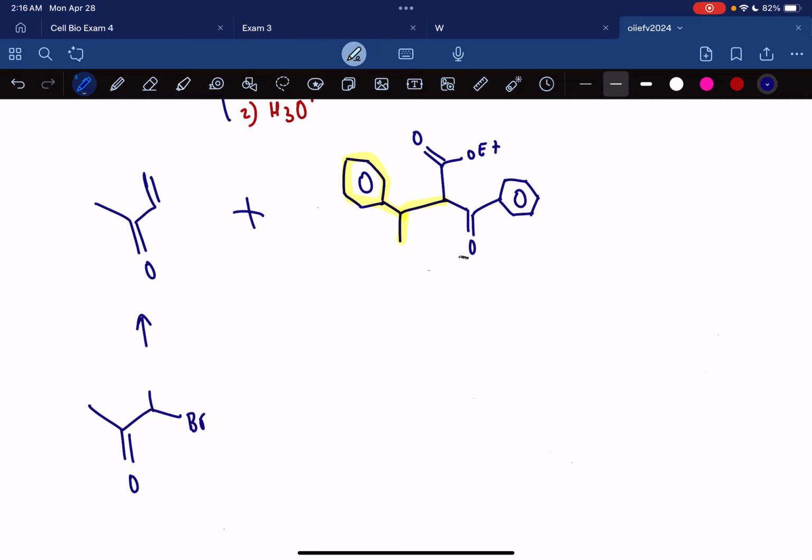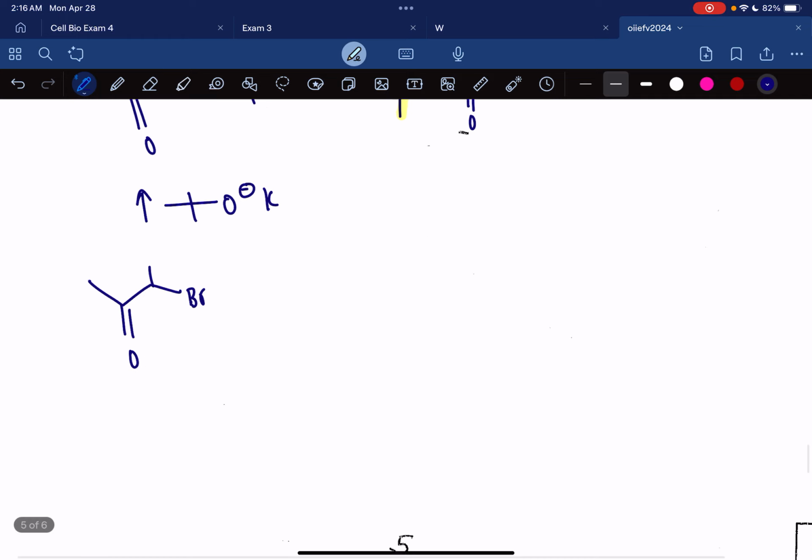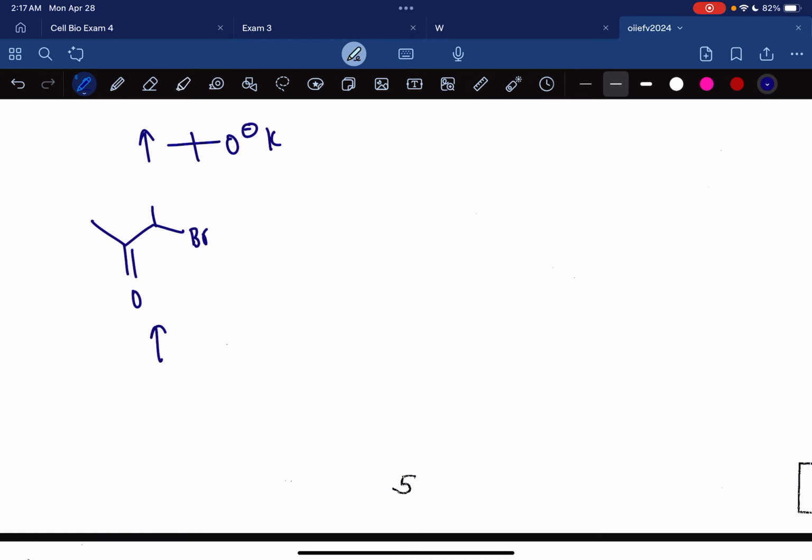But if we have a bromine there, and we use a big bulky base, like tert-butoxide, then that can make an alkene. And then how do you make this bromine? You can do Br2 and acetic acid. So this will put the bromine on the alpha carbon. So that, you can work back to this.